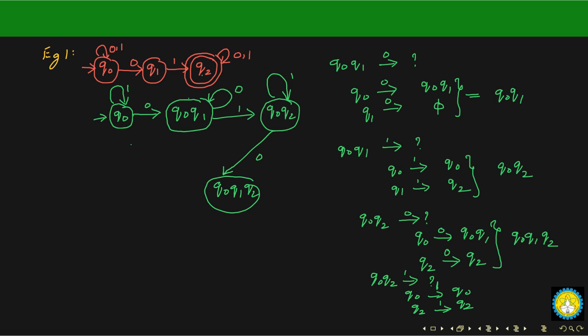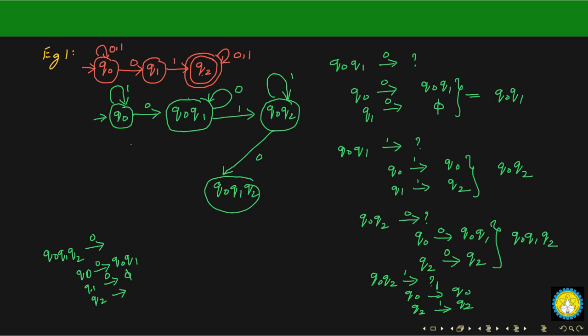So if you look carefully, we know that we have to identify all this, right? For finding {Q0, Q1, Q2}'s transition on 0, we have to find all of them, Q0, Q1, and Q2. Q0 on 0 goes to Q0, Q1. Q1 on 0 is not defined, right?